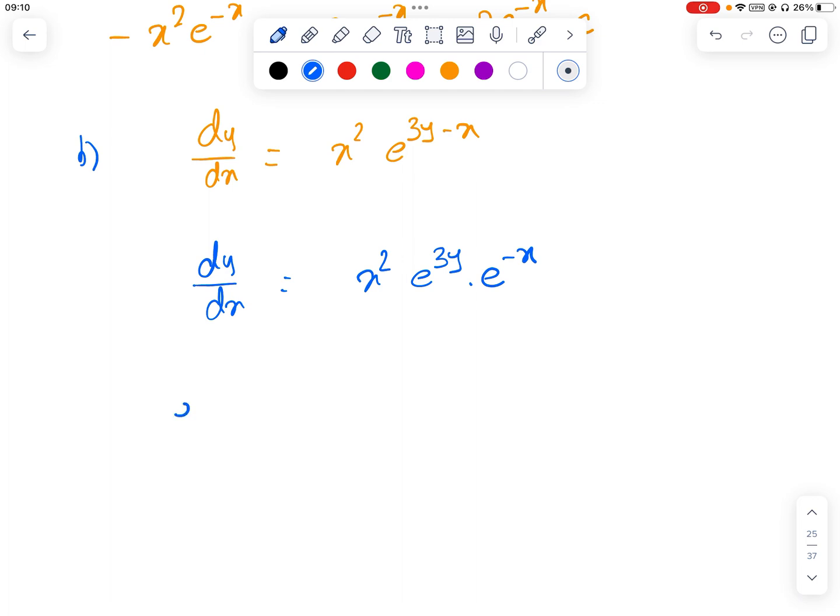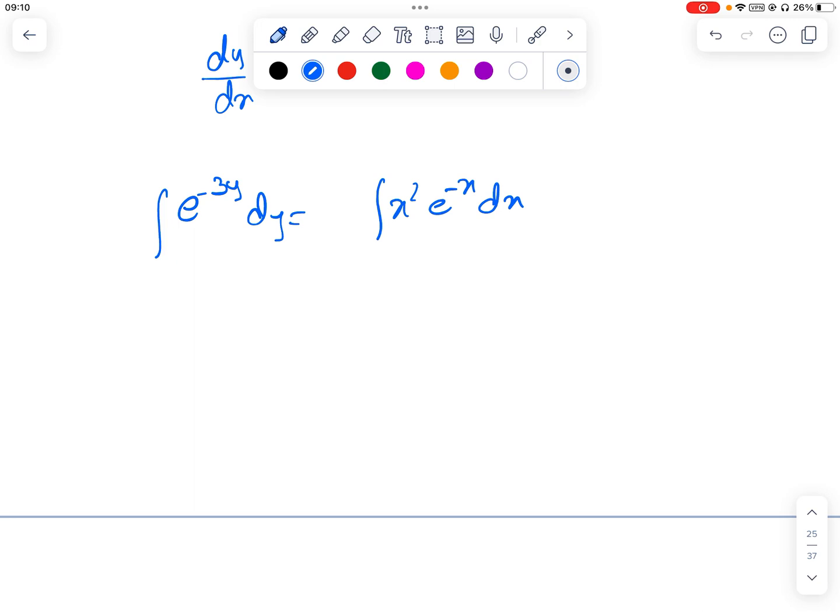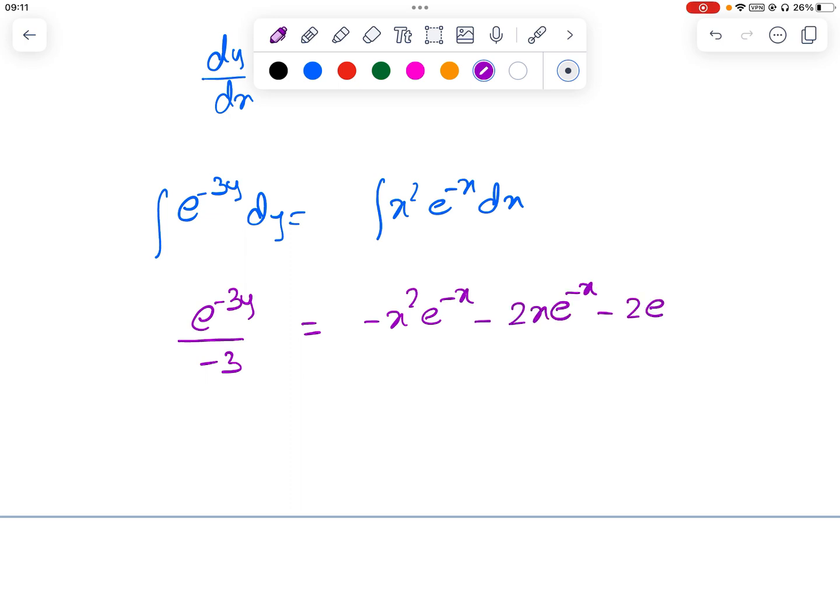So it becomes e power minus 3y dy equals x square e power negative x dx. Then e power minus 3y, what is the e power minus 3y integral? E power minus 3y upon minus 3 equals the integral of this one. Just now we have found minus x square e power negative x minus 2x e power negative x minus 2 e power negative x plus c.